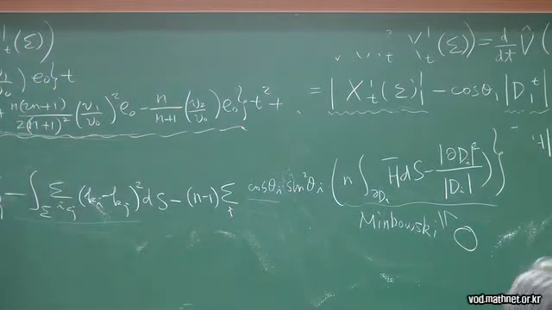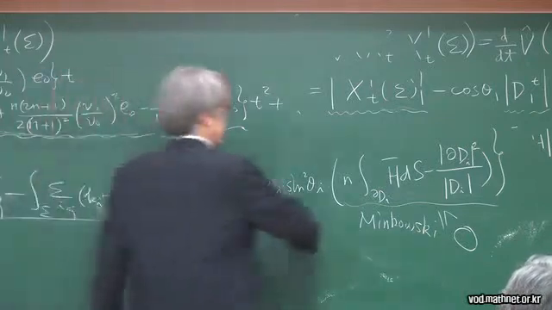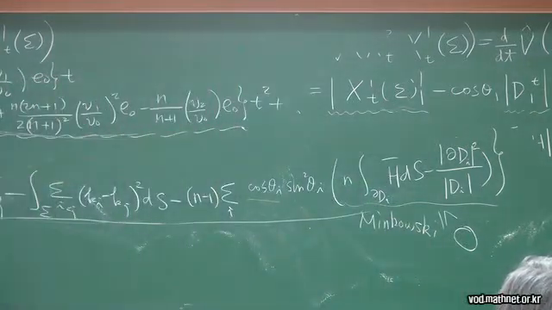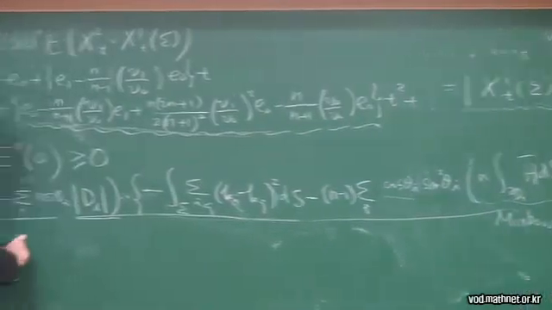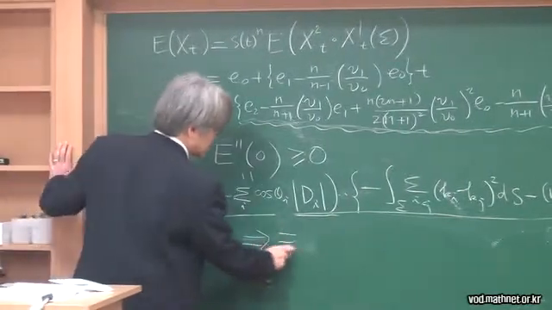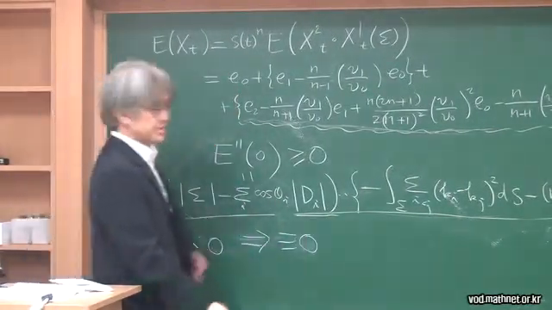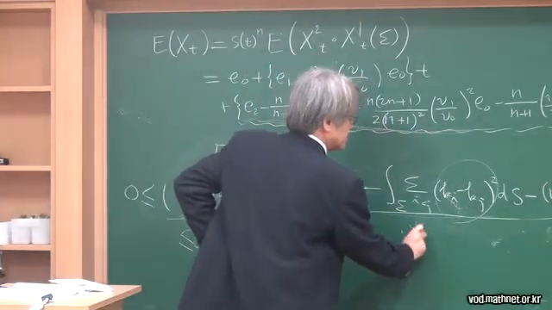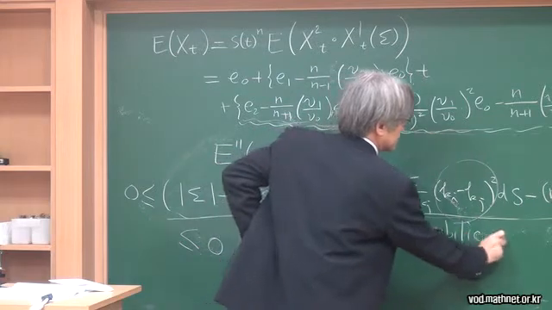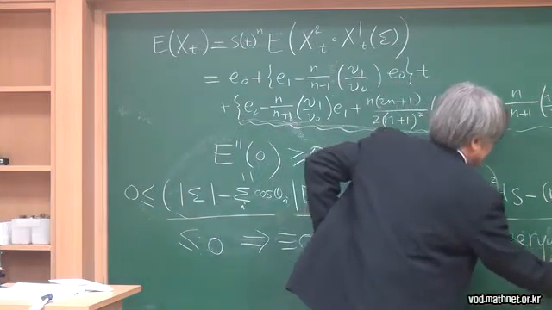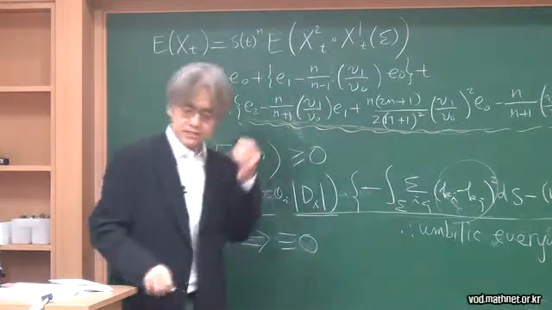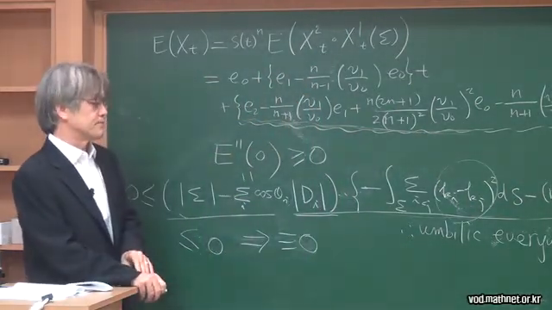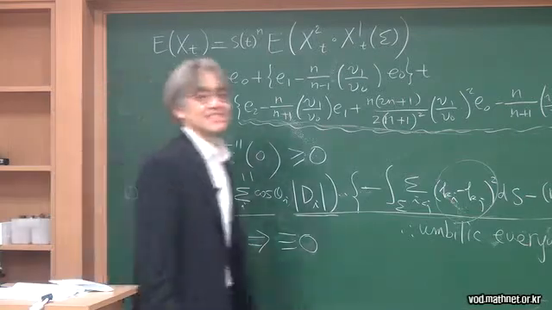Okay, so the total second variation term becomes negative. So here we have positive, but here we have negative. So that means that this has to be identically equal to 0. So each term has to be 0. So this has to be 0. That means it's umbilic everywhere. So that means the capillary surface is round everywhere, part of a sphere. Okay, that's it. Stop here.